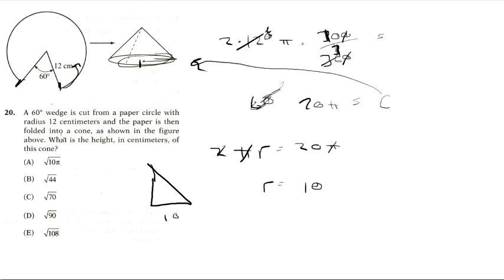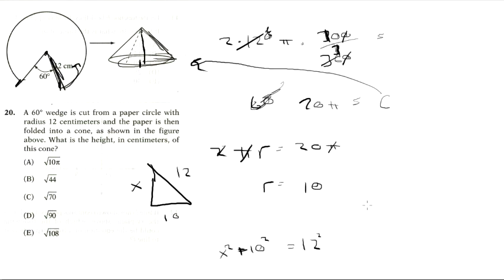Right? They want the height of the cone. They want the distance from here to here. Okay, and we also happen to know that this here is 12, because this here is still the center. This right here is still going to correspond to here. This distance is this distance here. Okay, so simply using the Pythagorean theorem, we have x squared plus 10 squared equals 12 squared.